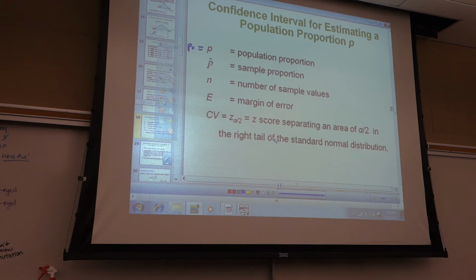E is your margin of error. That is how much you added or subtracted from the p hat to get your upper and lower limits. And your critical value, also known as Z alpha over 2, is the z-score separating your area in the tail from the rest of the usual values.